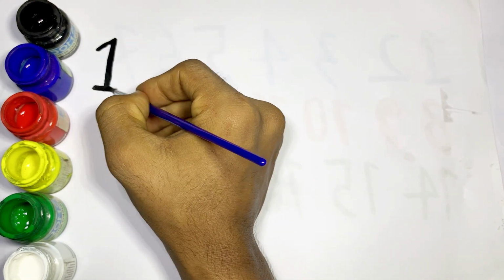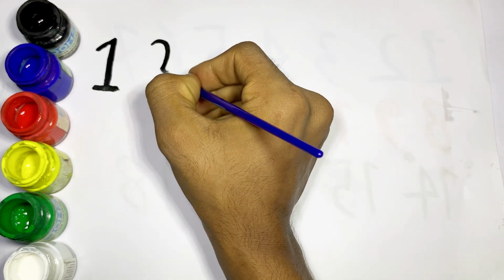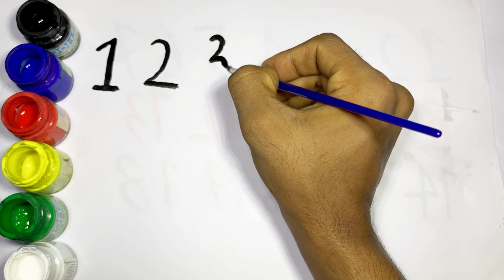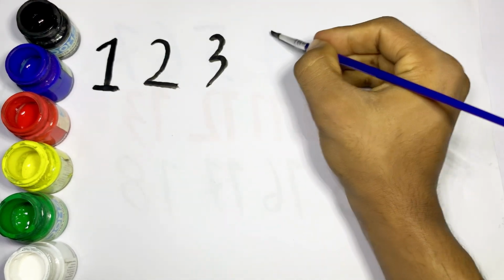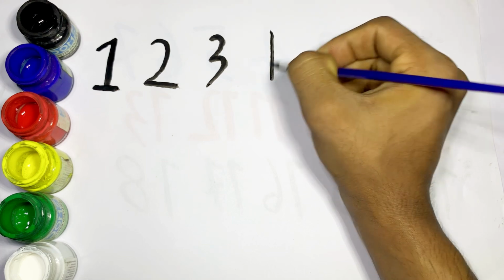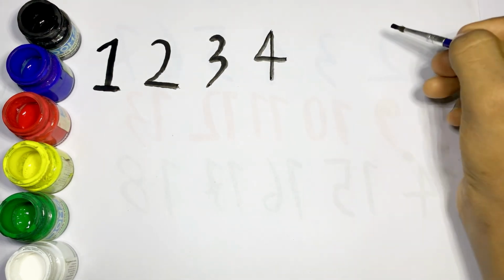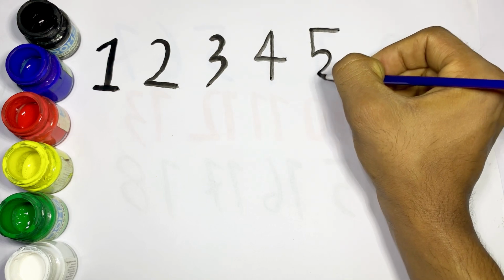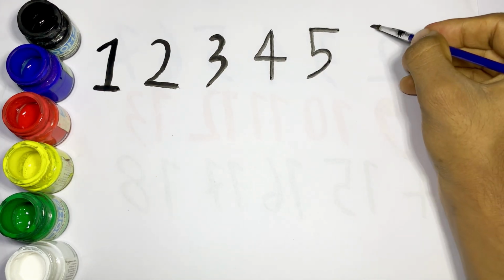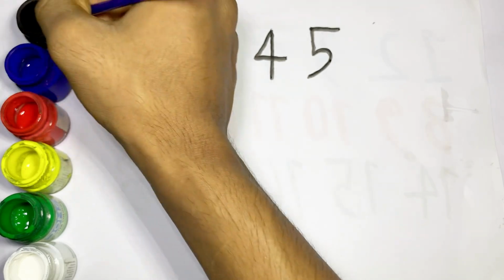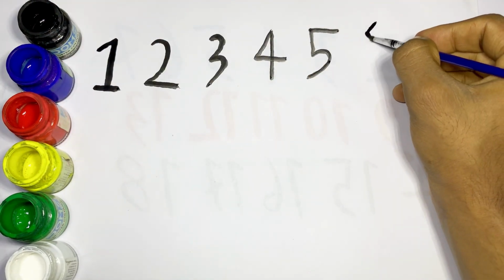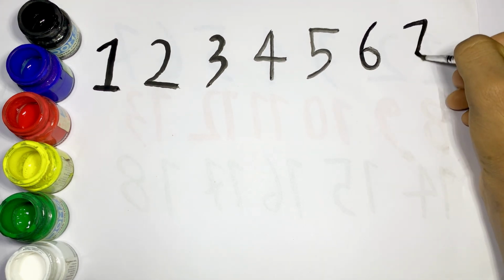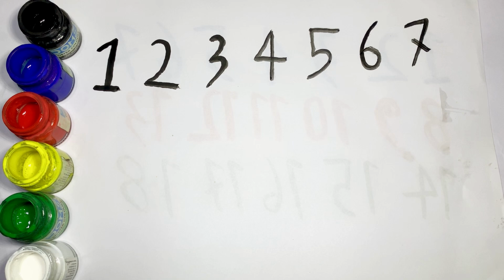O N E, 1. 2, T W O, 2. 3, T H R E E, 3. 4, F O U R, 4. 5, F I V E, 5. 6, and again use black color. S I X, 6. 7, S E V E N, 7.